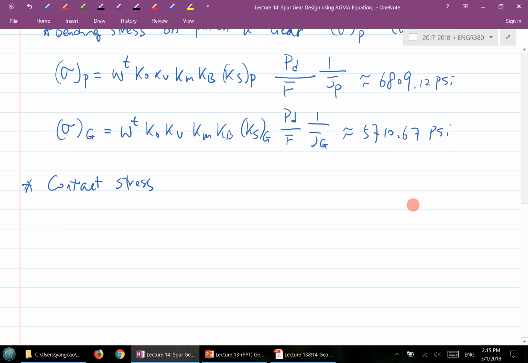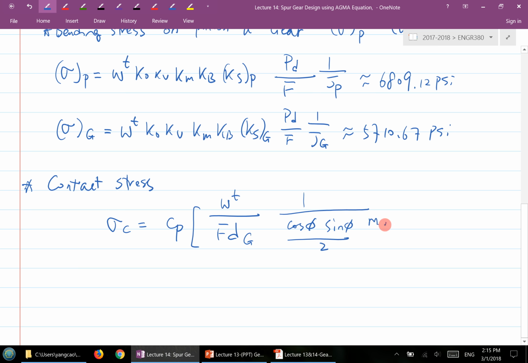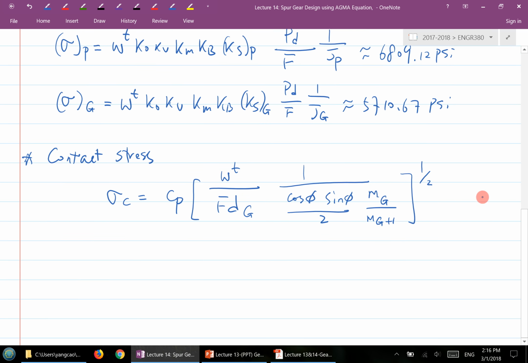Basically, it's sigma C equal to Cp times the square root of Wt over F times dg, and then 1 over cosine phi sine phi over 2, and mg over mg plus 1, and then 1 over 2. This is called Buckingham.